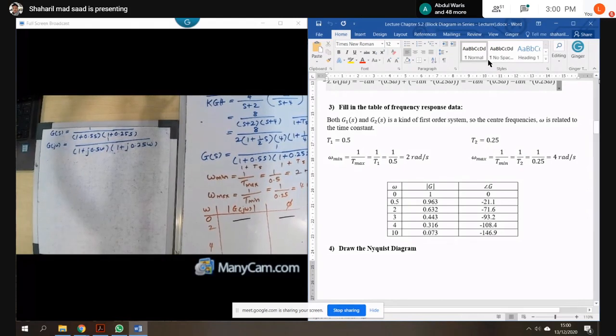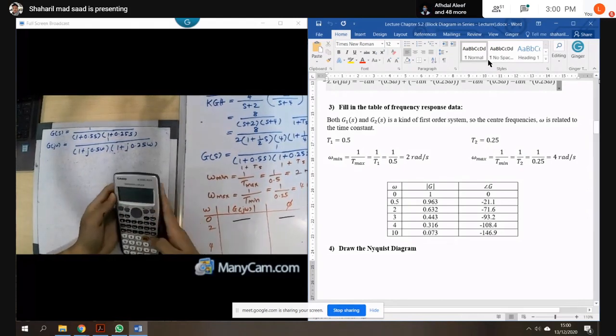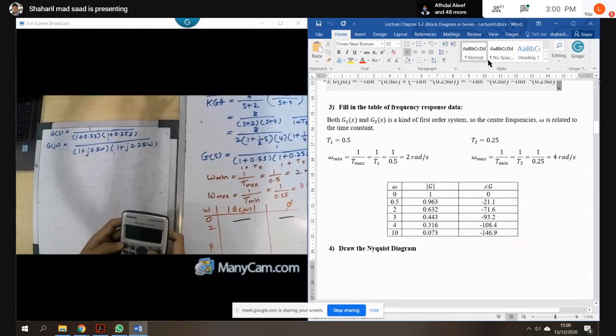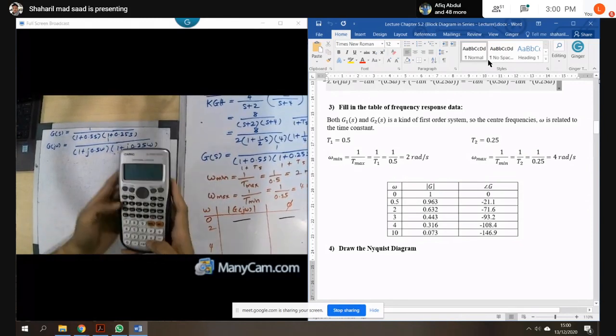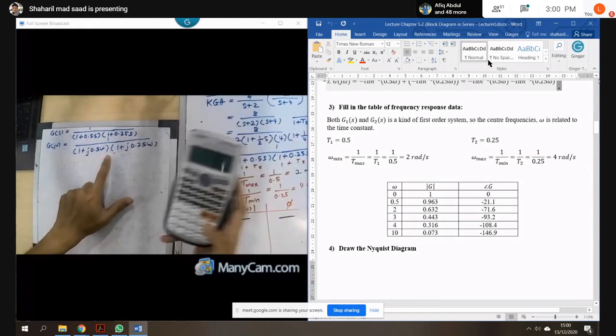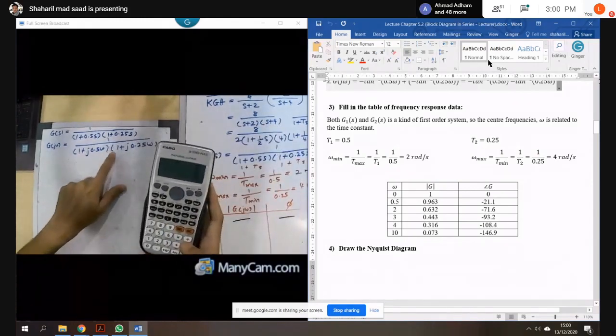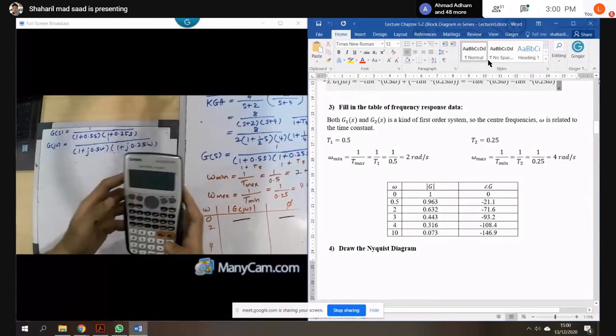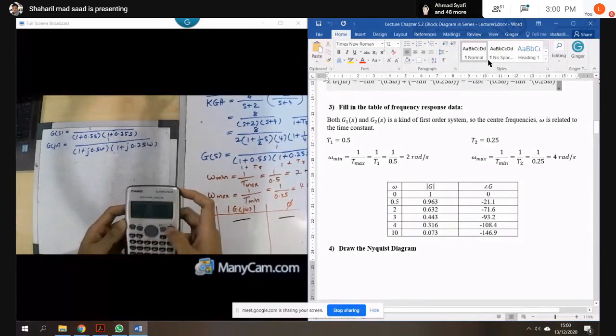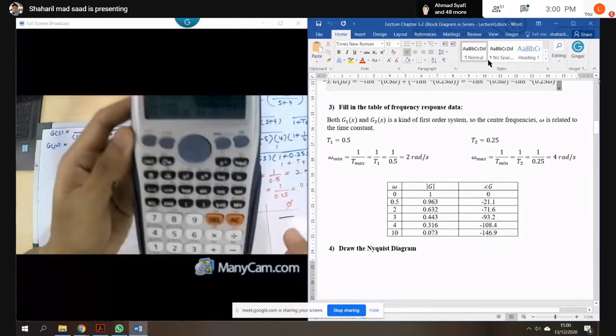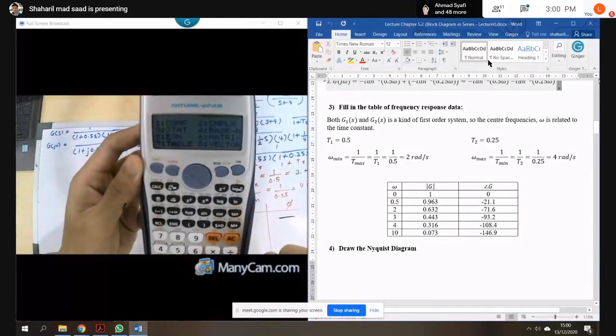Okay, now start to use your calculator here. Try to construct this equation. First of all, you need to choose your mode, to complex, number 2.